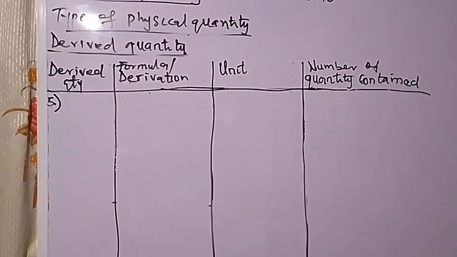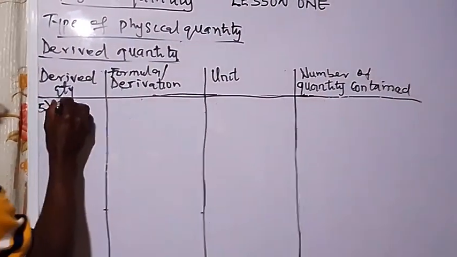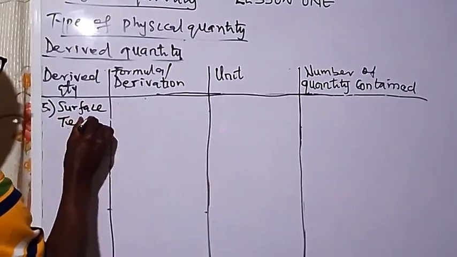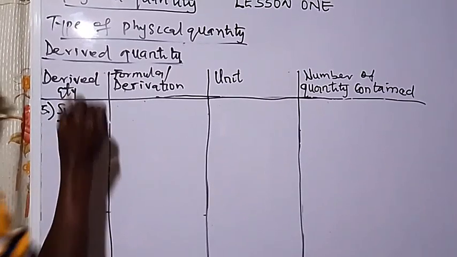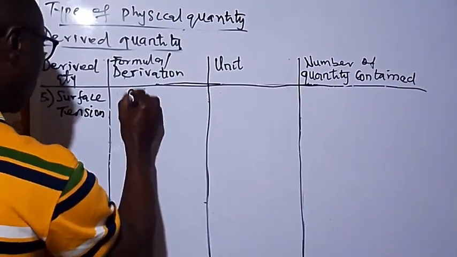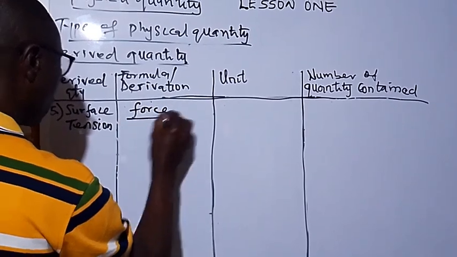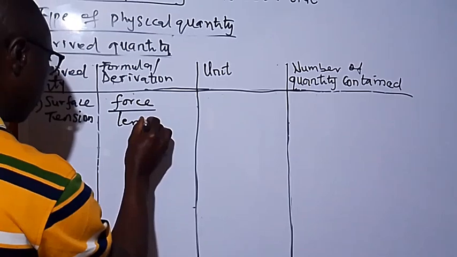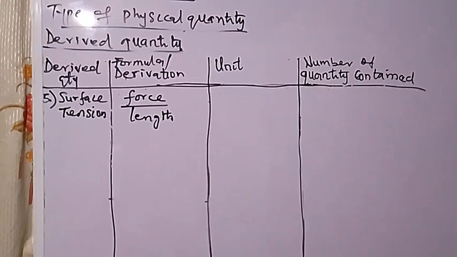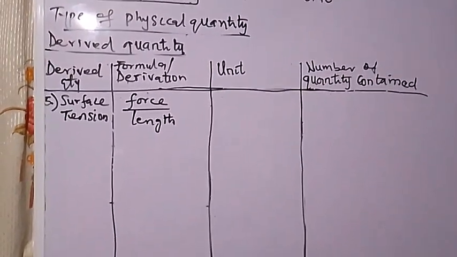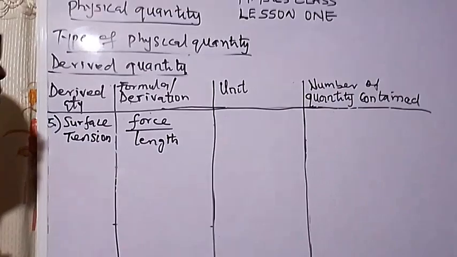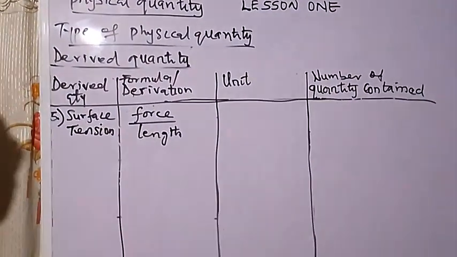Now, the next one is surface tension. The formula for surface tension is force over length. From here, you can see that force is derived and length is fundamental.